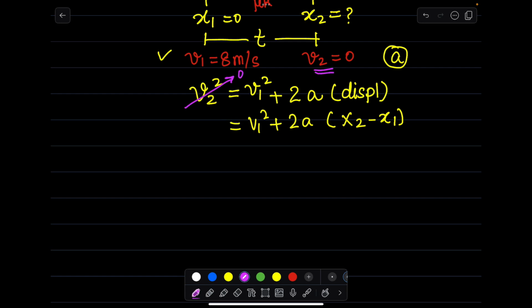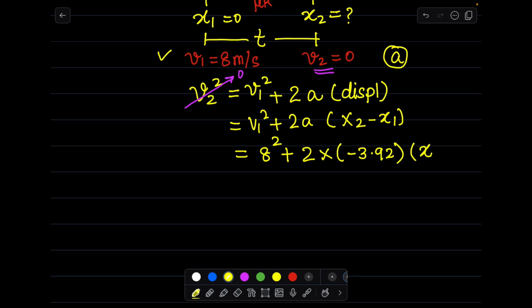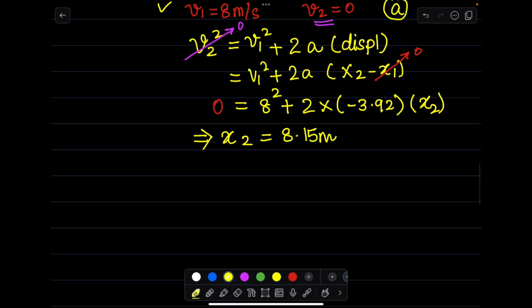So I will put the values from v1, it is 8 square, and we already calculated acceleration. Just remember, it is minus 3.92, it is deceleration, and the displacement x2, because x1 is 0. So here from this equation we get the value of x2, and that is equal to 8.15 meter.